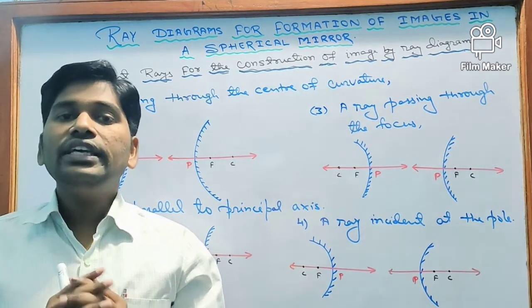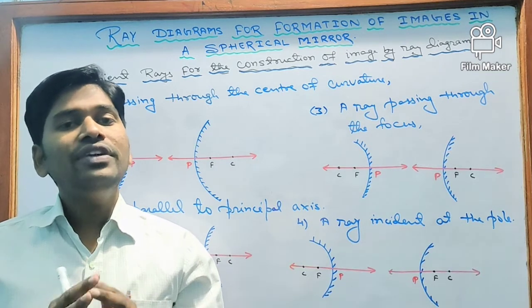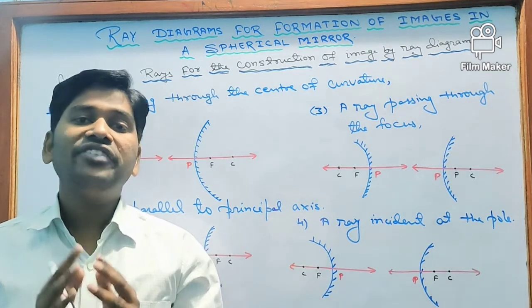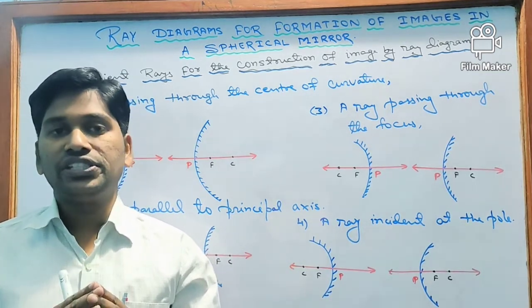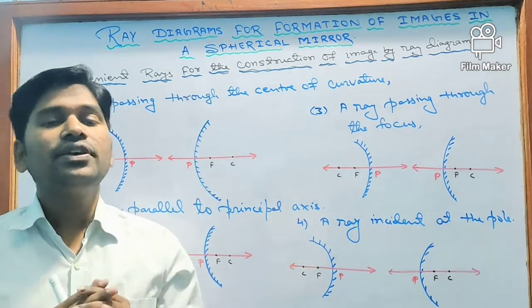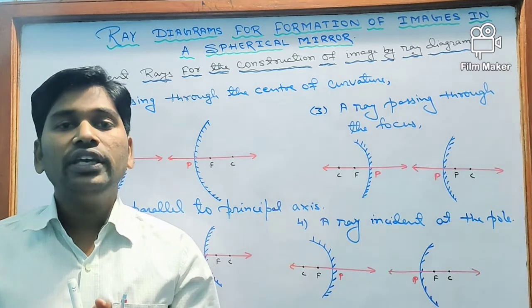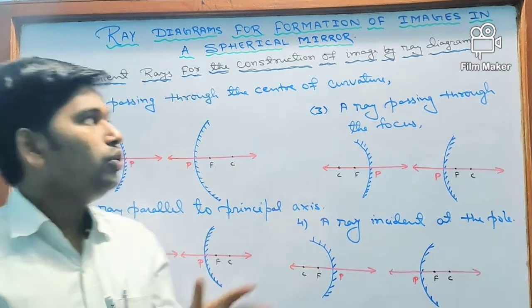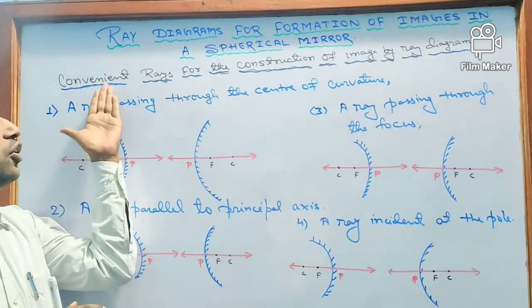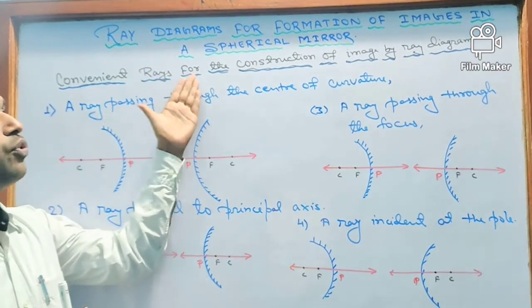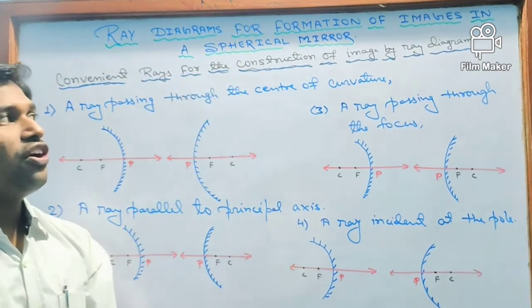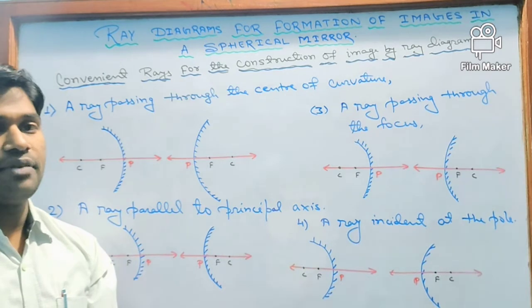To draw the ray diagram, we will use some convenient rays. Out of these, we will use any two to draw the ray diagram. So let us first learn the convenient rays for the construction of an image by ray diagram.